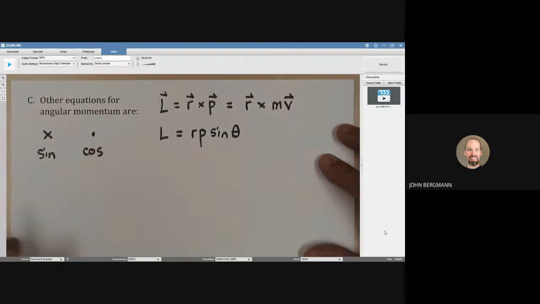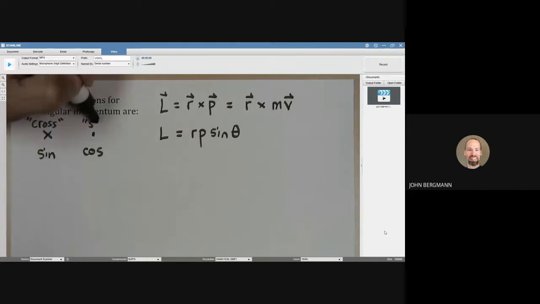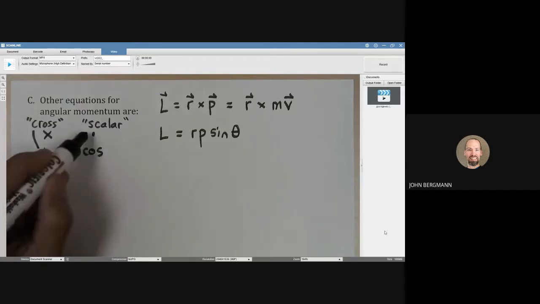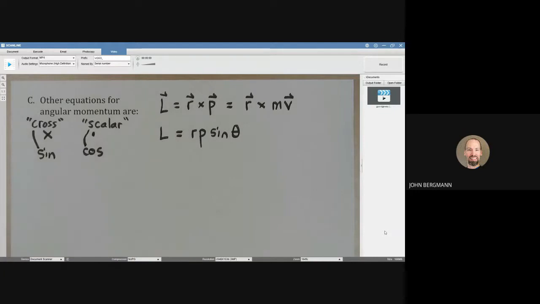And here's how I remember this. Cross product, the dot product is also called the scalar product. Look at this. That one starts with a C, and the trig function starts with an S. This one starts with an S, and that one starts with a C. So the trig function that you use is not the one that is in the term for the product that you're doing.